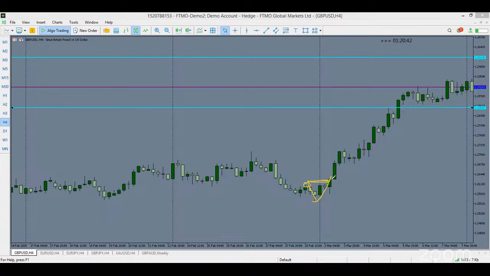where will be your ideal place if you're going to take a long, that's to take a buy? Where will be the ideal place to place your stop loss? It will be at these lows there.